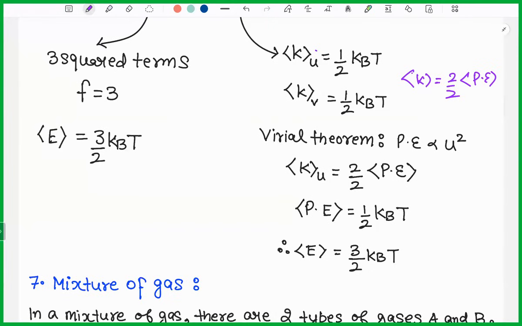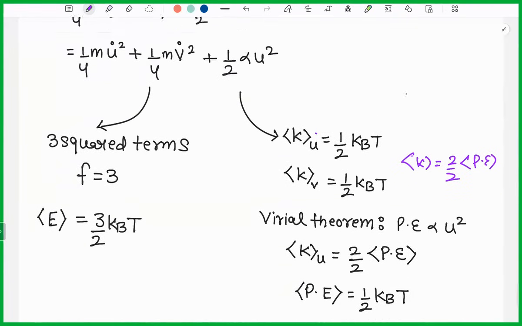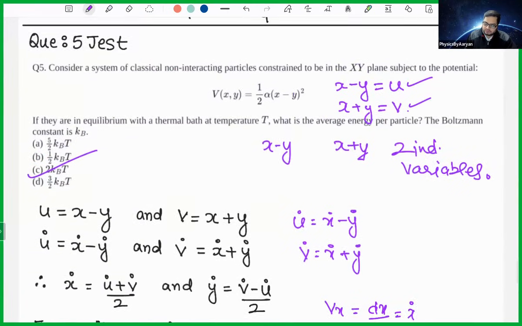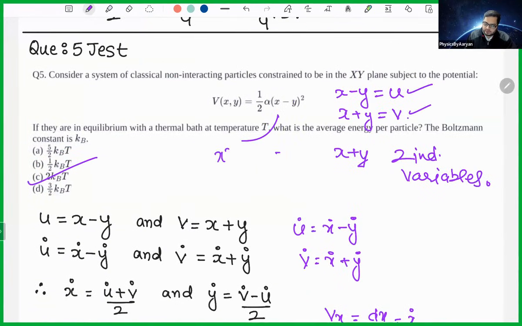Sir, if one term we will get in which both u and v are present, for example, half uv, then for that, what will be kinetic energy? If you are getting, for example, in this I was getting such a situation, right? x square y square minus 2xy, right? I was getting xy, right?